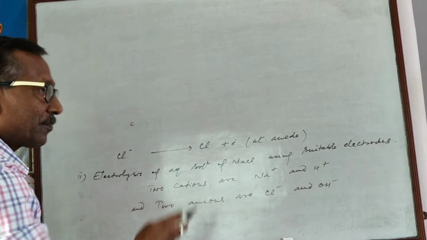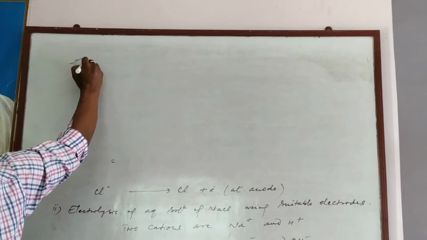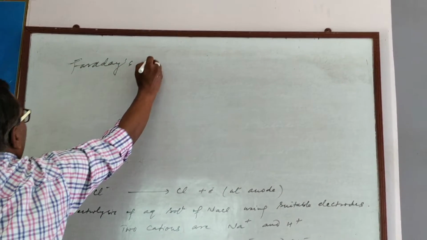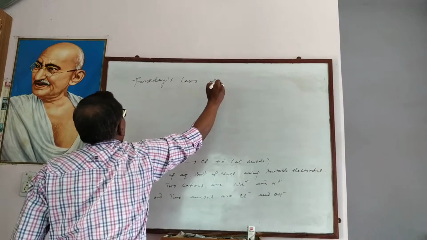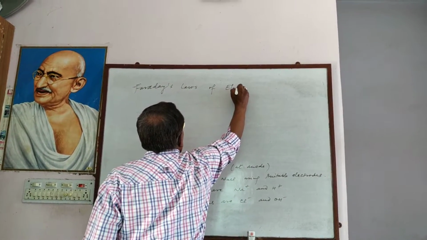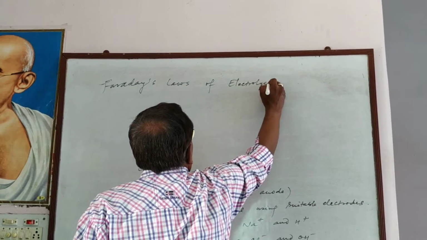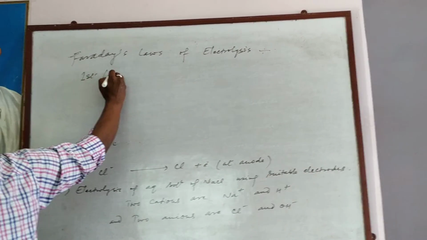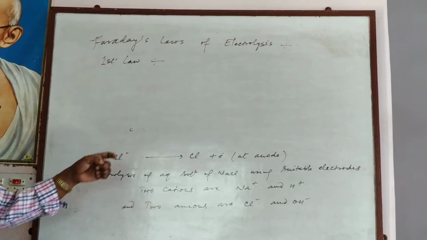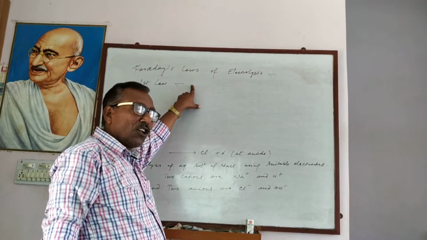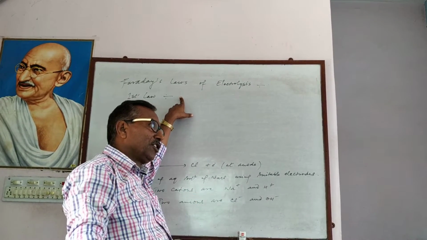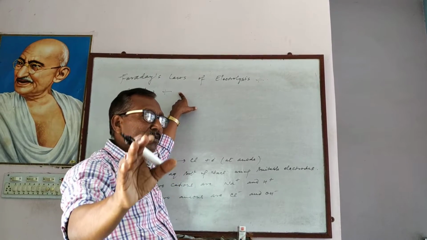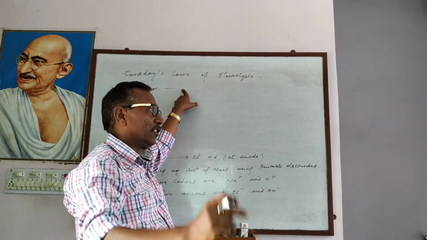According to Faraday's first law of electrolysis, the amount of a substance of an electrolyte deposited at the respective electrode is directly proportional to the quantity of electricity passed through the electrolyte.